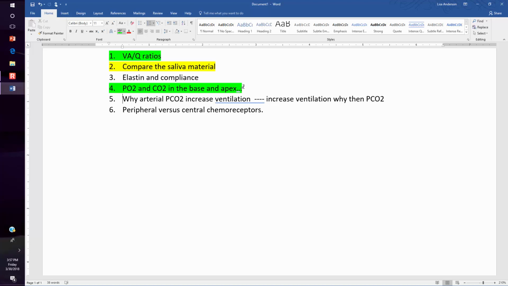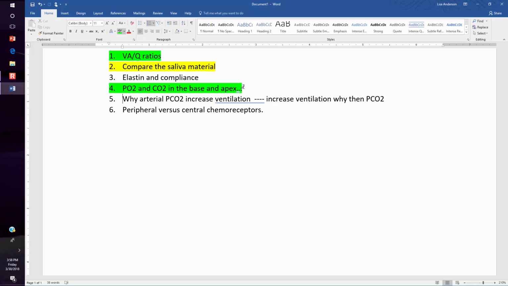Therefore, because of the effect of gravity, and because the apex is pretty stretched out, but the base has room to stretch, if you think about from the top to the bottom, ventilation increases.